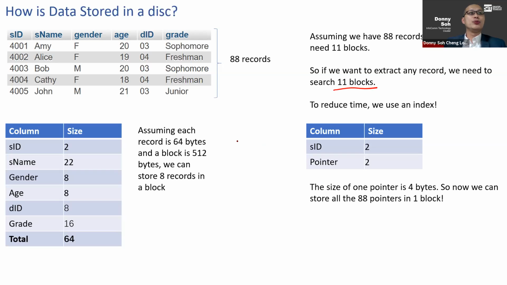Let's say that we build an index on SID. SID, we know, is 2 bytes. The pointer has 2 bytes. So the size of one index entry is 4 bytes: the SID and the pointer.